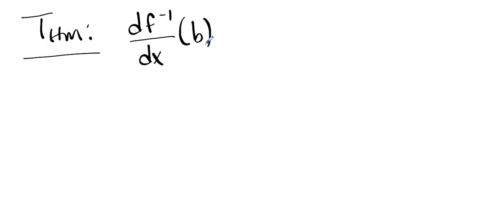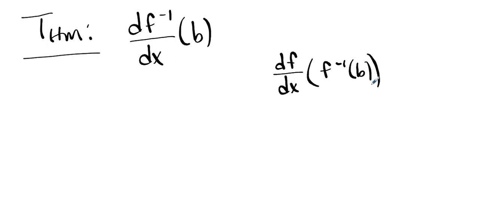So the theorem that's in play goes something like this. If I want to know what the derivative of an inverse function is with respect to x at some point, let's say that it's b, and I happen to know what the derivative of the original function is with respect to x at wherever the inverse of b is, then those two quantities are reciprocals.